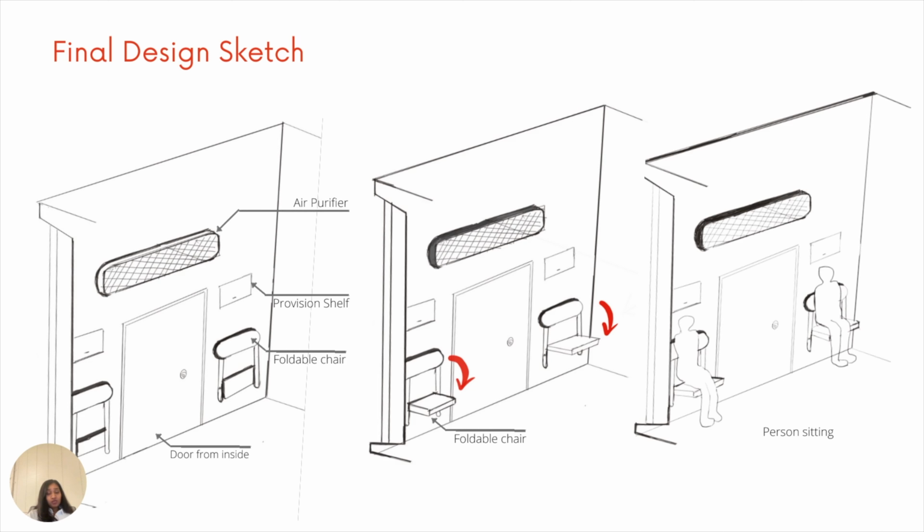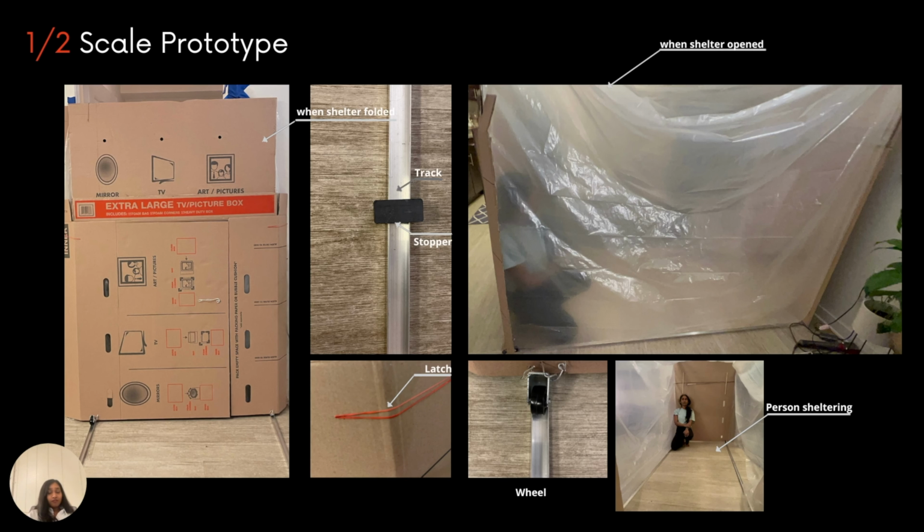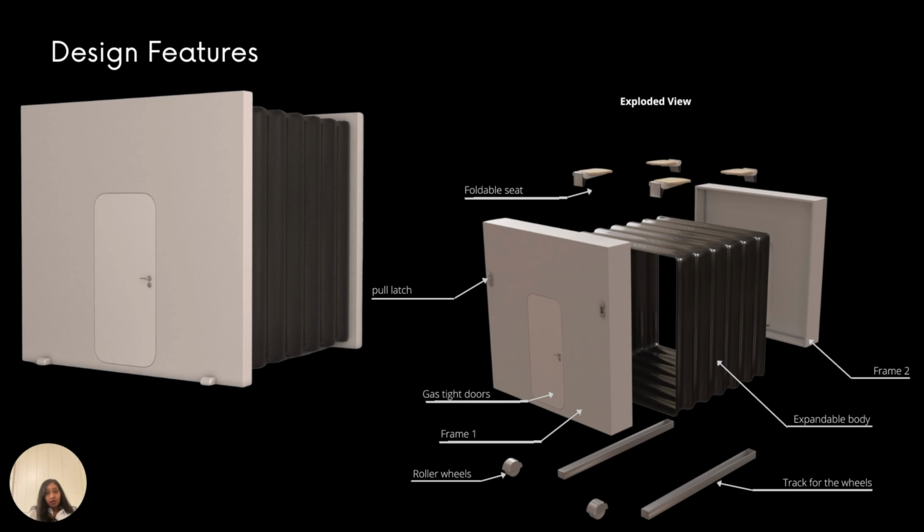Each frame has two foldable chairs, two provision shelves which will hold the fire extinguisher and oxygen cylinder, and also there's an air purification system. This is the half-scale prototype made out of cardboard and flexible plastics, which shows different features used, like the latch, wheel, and the tracks.